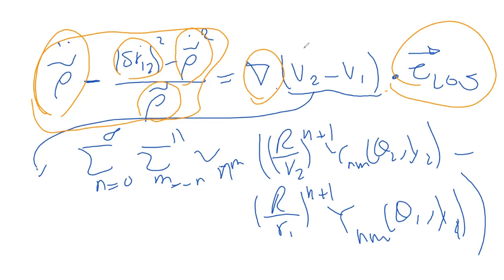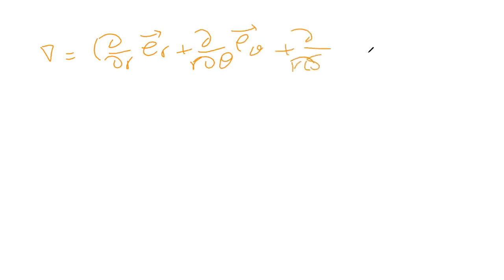Therefore, right now we can simplify this formula a little bit more. We already know that the gradient operator is the derivative with respect to R times E R, plus the derivative with respect to theta times E theta, plus the derivative with respect to lambda divided by R sine theta, times E lambda.